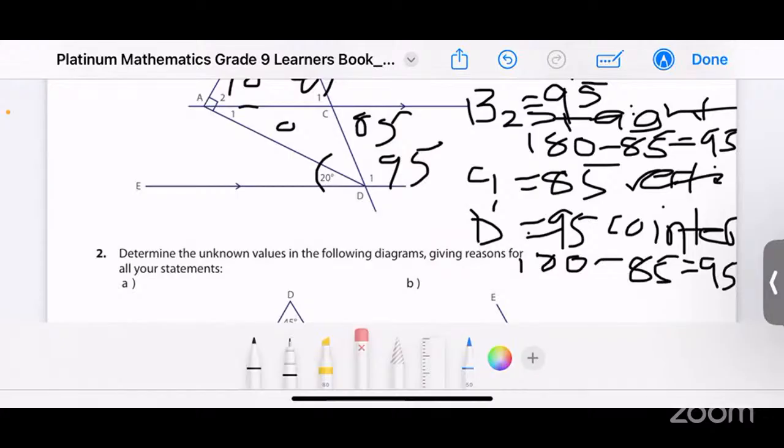Did you see the reasons I was giving? Yes, ma'am. Those are the reasons that satisfy the condition. Why are you saying this is 20? It's vertically opposite. We are getting it from this. Those are the reasons for question 1. If we say you must write answers, you must write reasons.